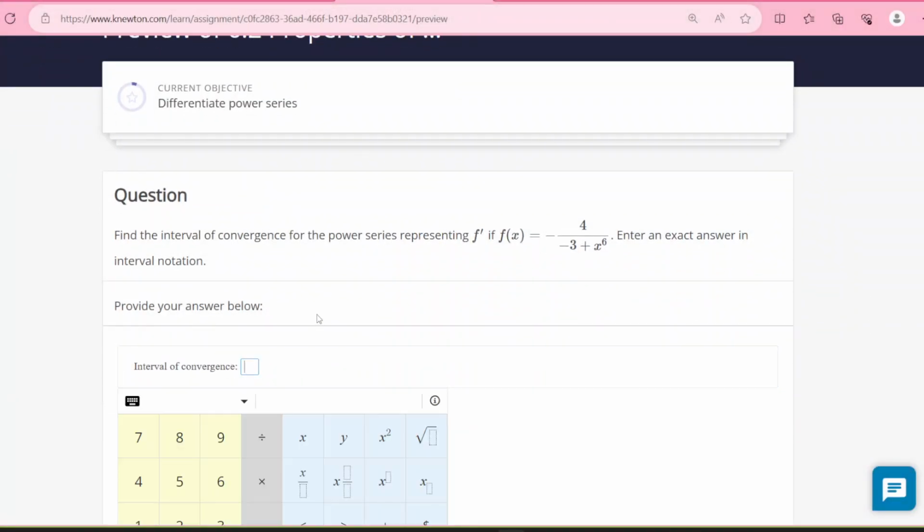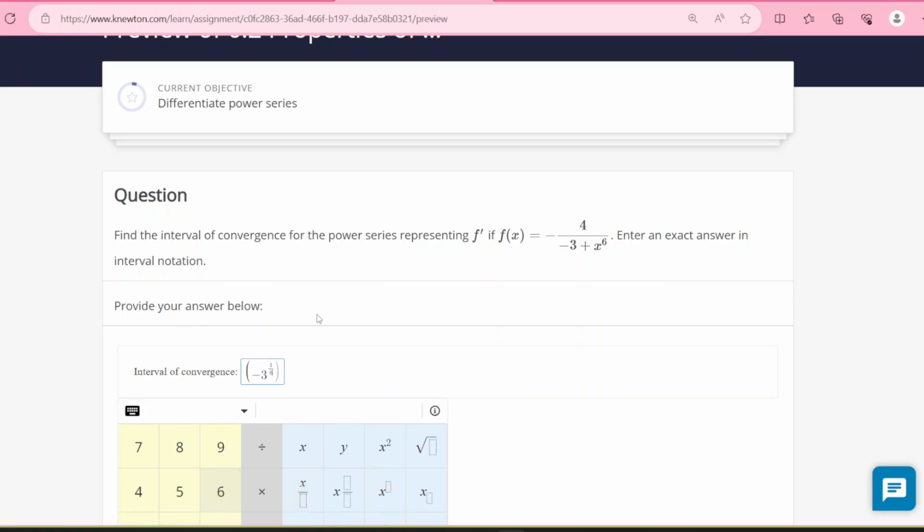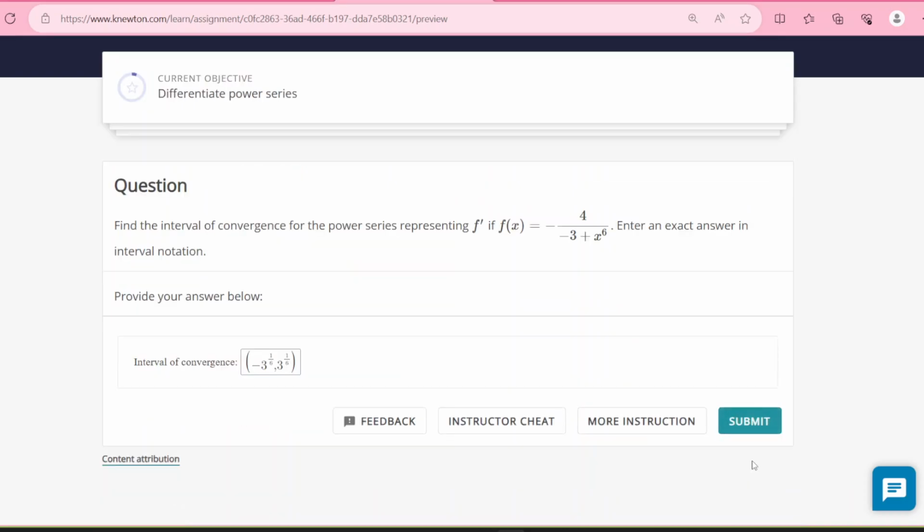for the derivative, right? If I wanted a power series for the derivative. So interval notation, parentheses, from the negative 6th root of 3, so I'm going to go 3 to the 1/6 power, to positive 6th root of 3, 3 to the 1/6 power. Get that down there. That should be good.